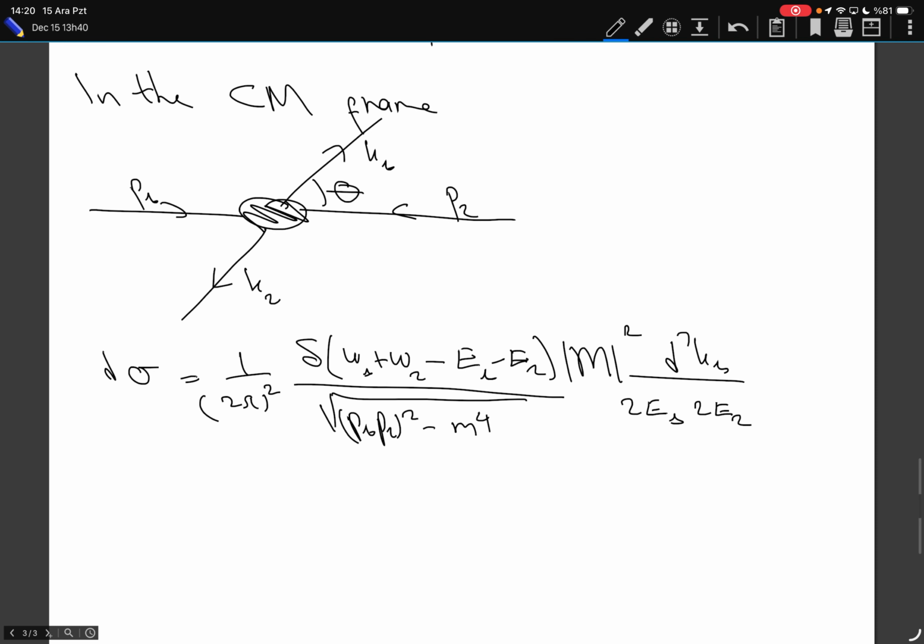Now, what else do I know? I can write spherical coordinates. d³k1 would be dk1 times k1², and dφ, d cosθ. Well, the φ integral, nothing depends on φ. My M squared cannot depend on φ.